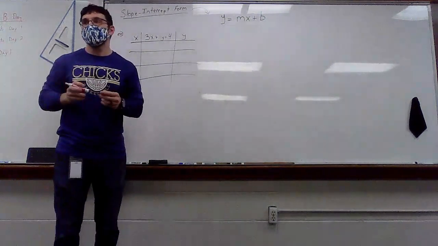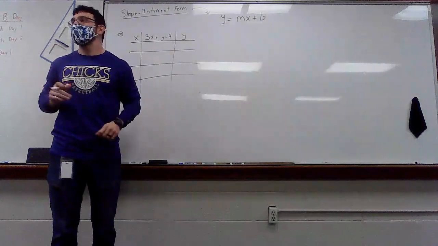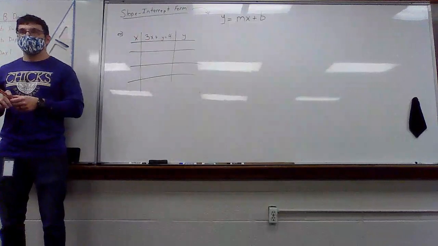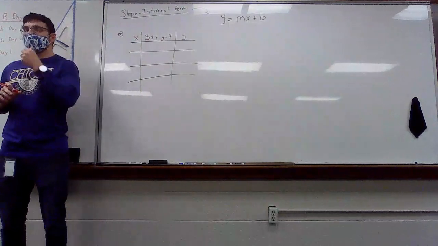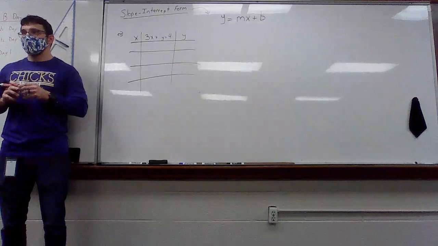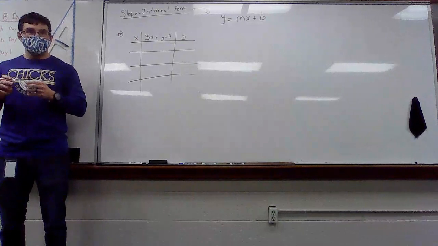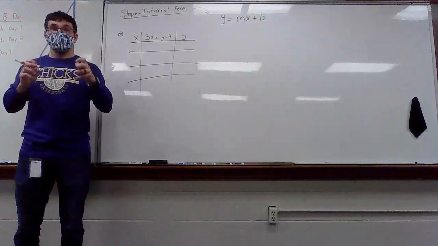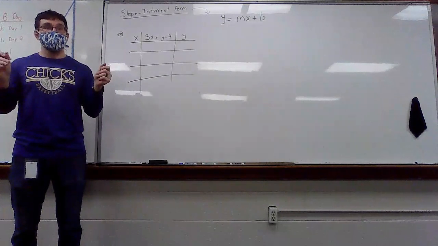Mr. H, you've lost me already. There's always a method to my madness. You actually know where the slope is. Where is the slope in this equation? Mx. You're so close. What have we always called slope? Which letter?